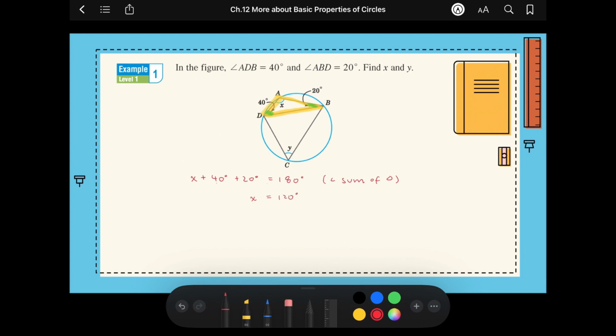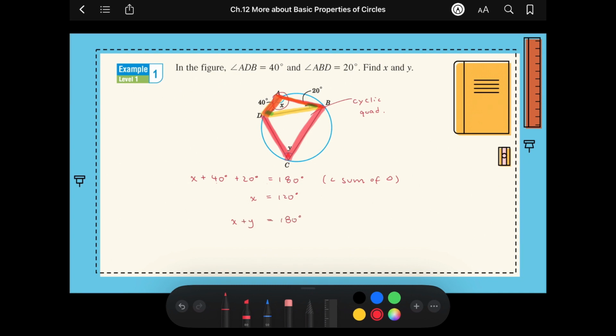Once we've got that, let's look at what other information they have. Those 2 angles are the only ones they gave you, but if you look carefully, this is a quadrilateral and all vertices are on a circle. Therefore, this is a cyclic quadrilateral. What we have learned just now about cyclic quadrilaterals is that the opposite angles add up to 180.